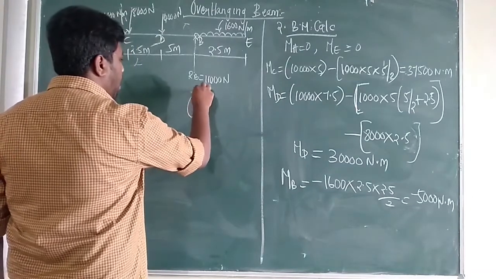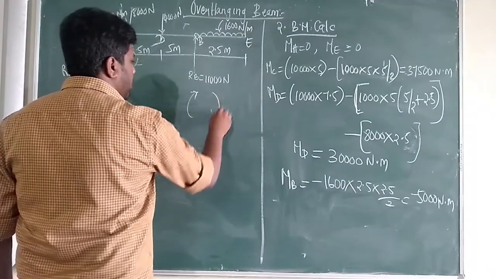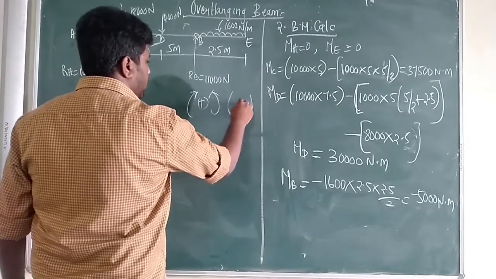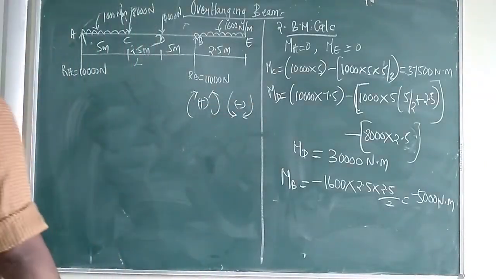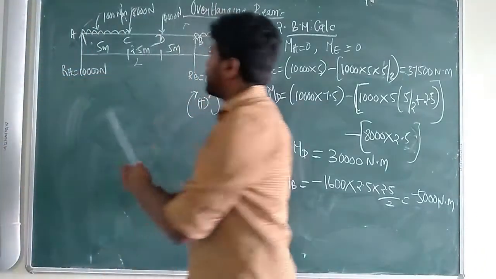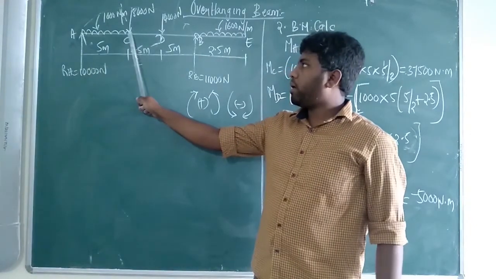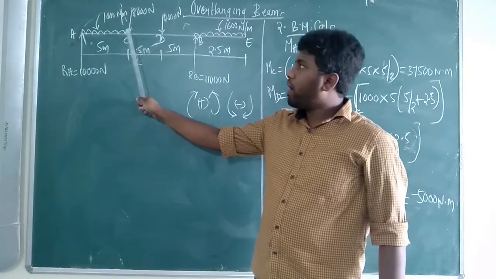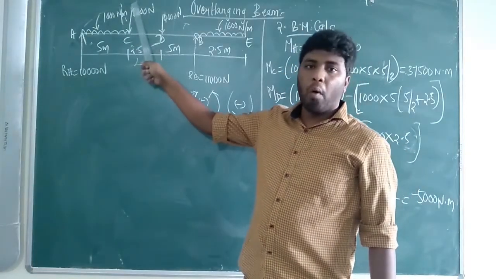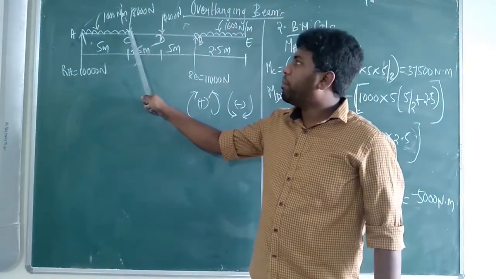If it is upward it is positive, if it is downward it is negative. See, I am going to take moment at C from the left of the section. At this point, this vertical load at point C will not make bending moment.